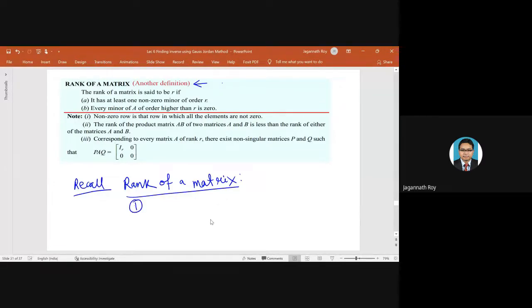Rank of a matrix. Definition 1 says the number of independent rows.